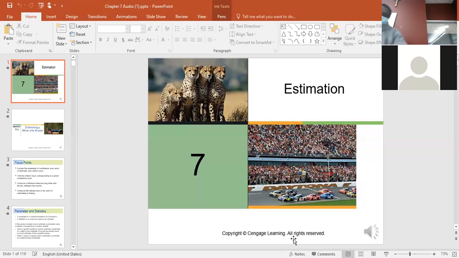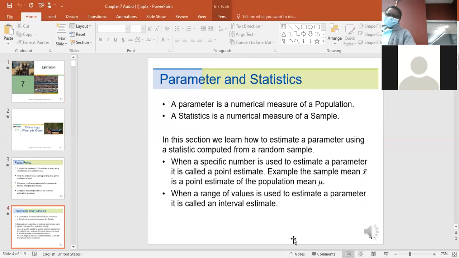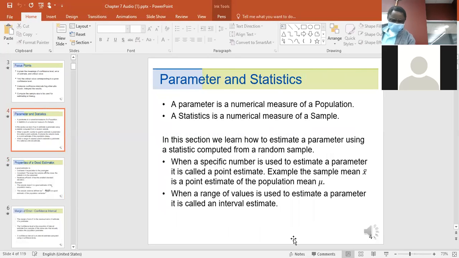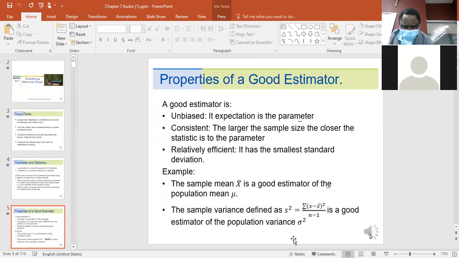So first thing we want to think about is the connection between a statistic and a parameter. A statistic will be called here an estimator of a parameter.